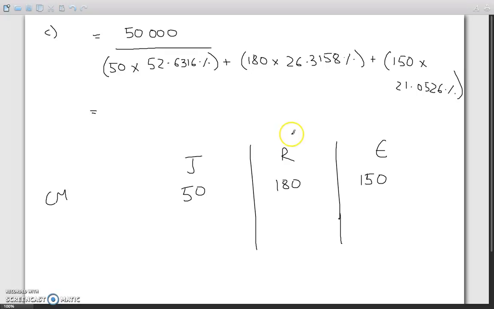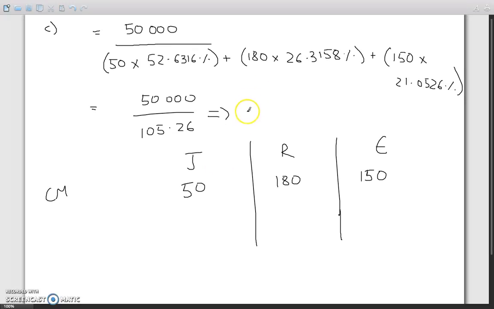What it comes out to on my end is 50,000 divided by 105.26, and ultimately that comes out to 475.0143. You can round this off because these are just the number of units you need to break even. So basically 475 units.